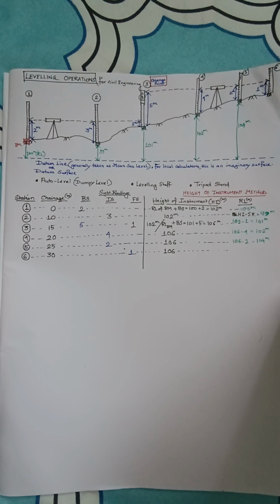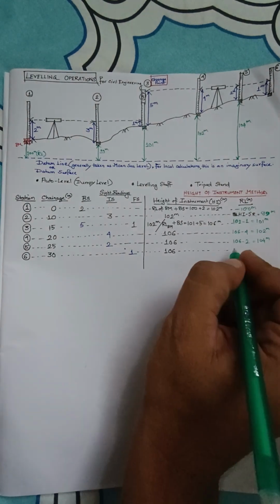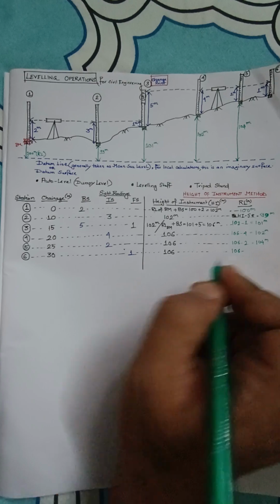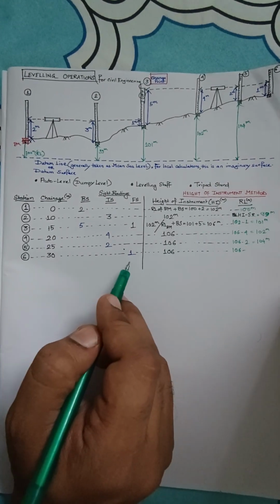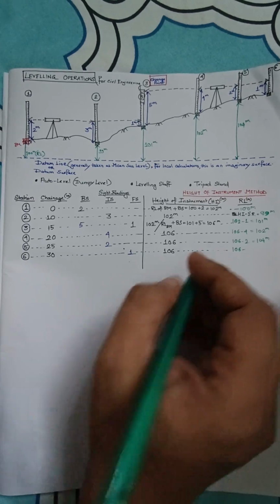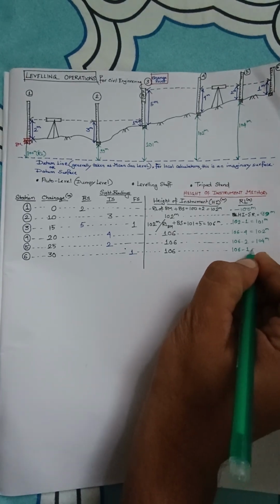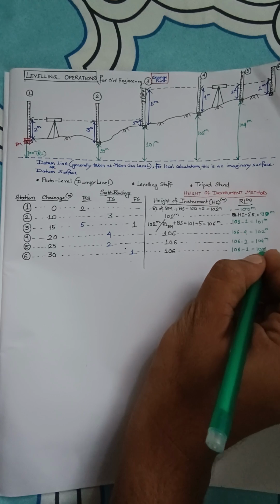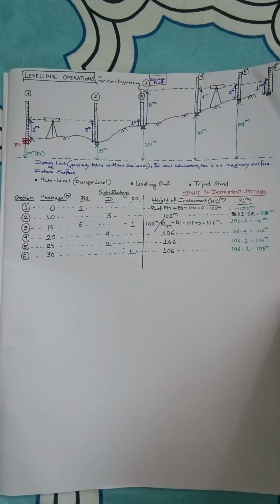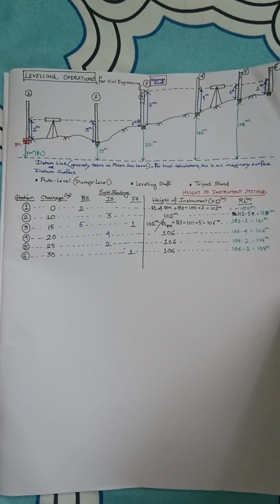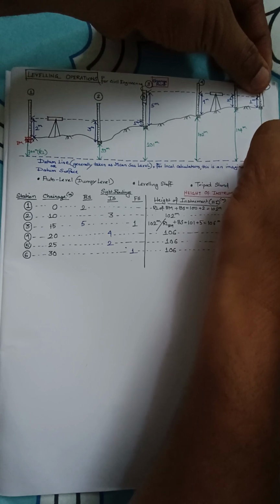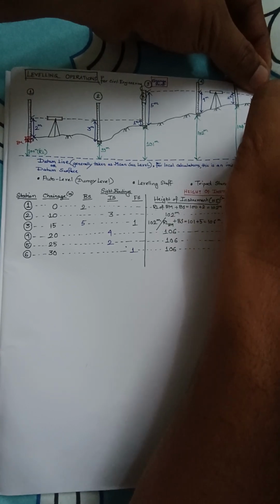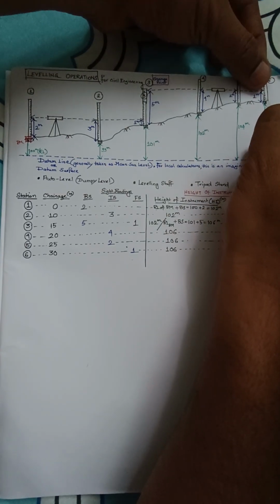And again, from the same old formulation, height of instrument minus the sight reading. The only sight reading available over here is 1. There you go. 105 meters. Basically, we have calculated all the RLs of these points.